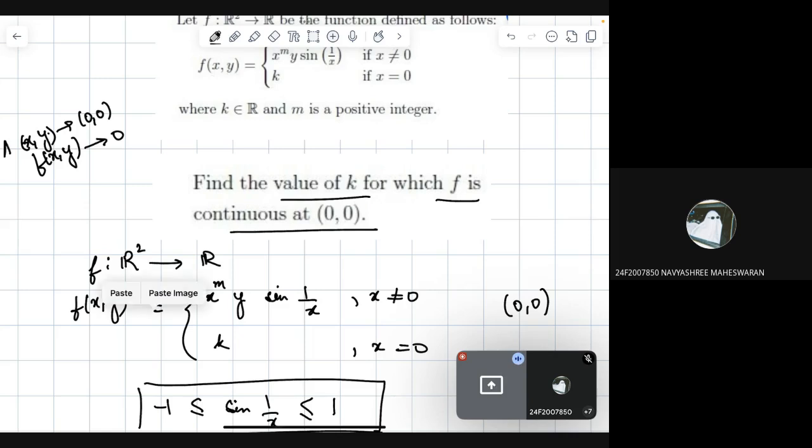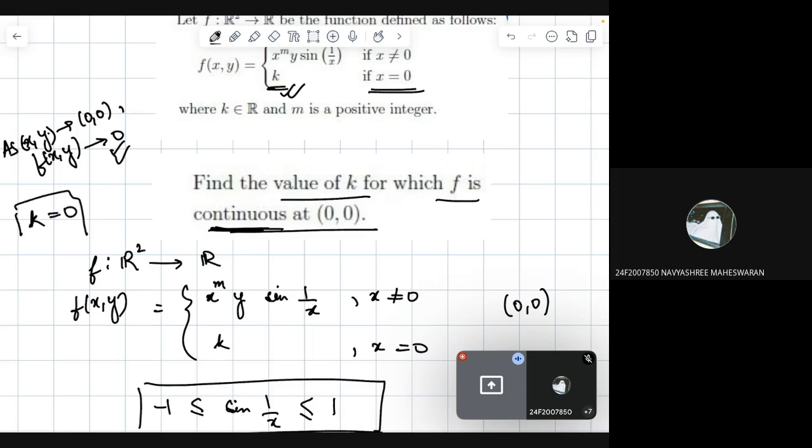As (x,y) tends to (0,0), we have f(x,y) tends to 0, and for x equal to 0, the value is given as k. If this value becomes equal to this value, then it will be continuous. So k equal to 0. For k equal to 0, the function will be continuous.